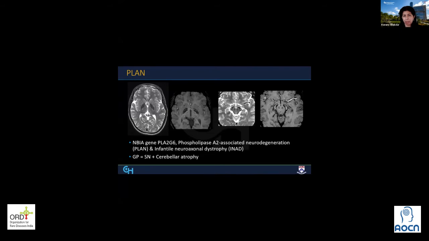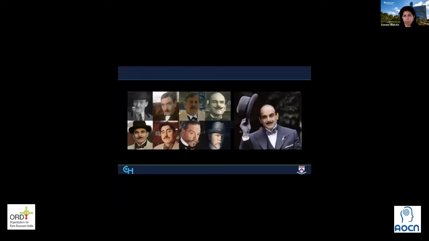And in here, the imaging correlate is that both the globus pallidus and substantia nigra are affected. They show susceptibility. In addition, there is cerebellar atrophy in this group of conditions. But many times it's difficult just by imaging, and you need to go back and see what was the gene identified to be able to make the diagnosis in this case.